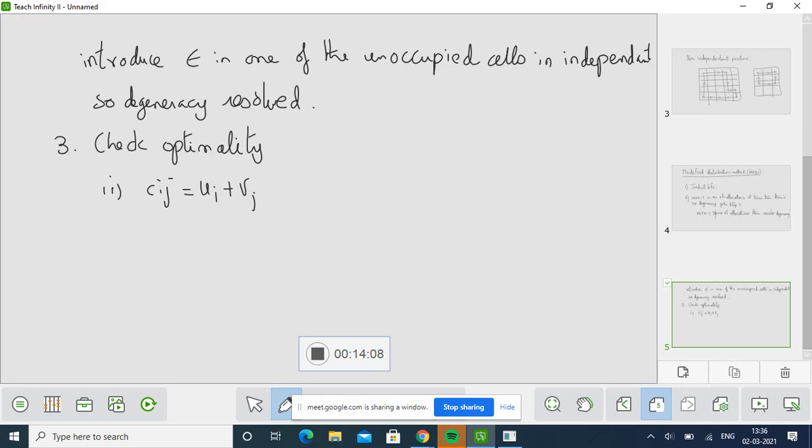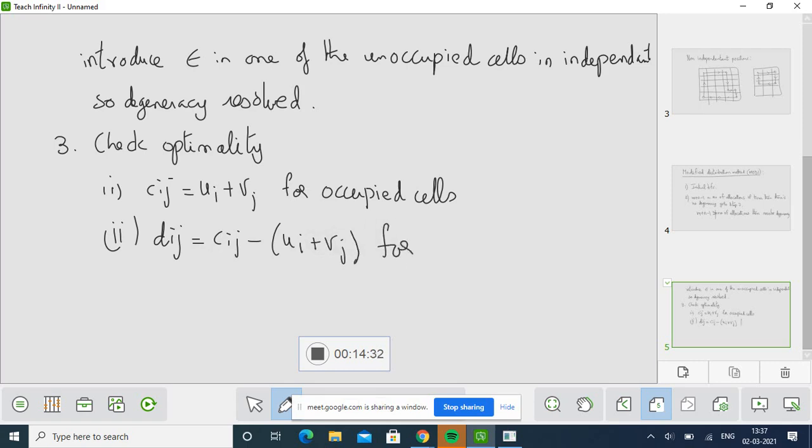This we have to find out for occupied cells. Then I have to find out Dij equals Cij minus (Ui plus Vj) for unoccupied cells.